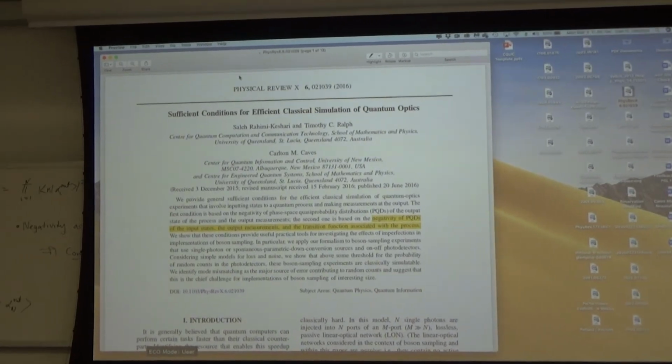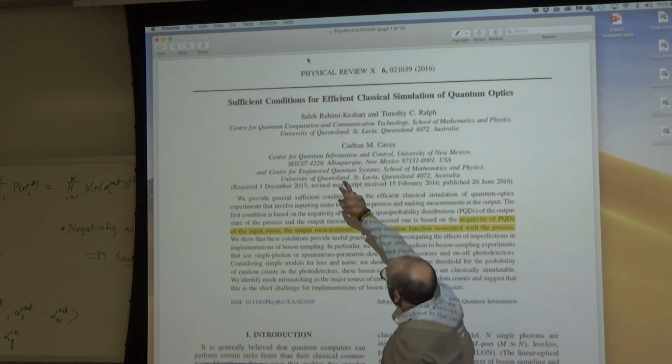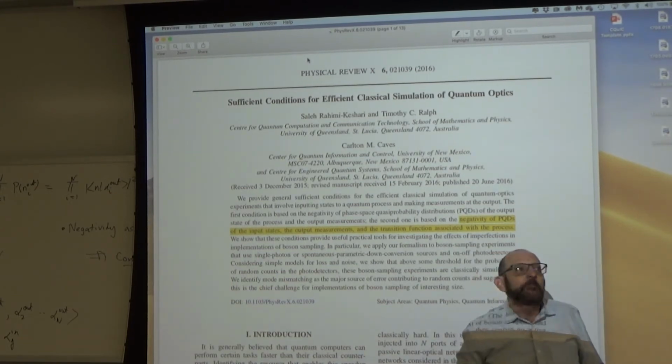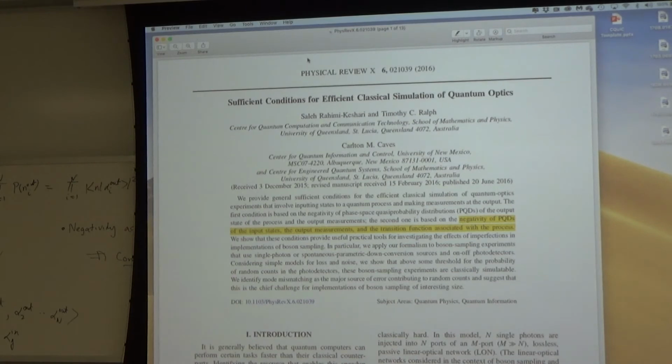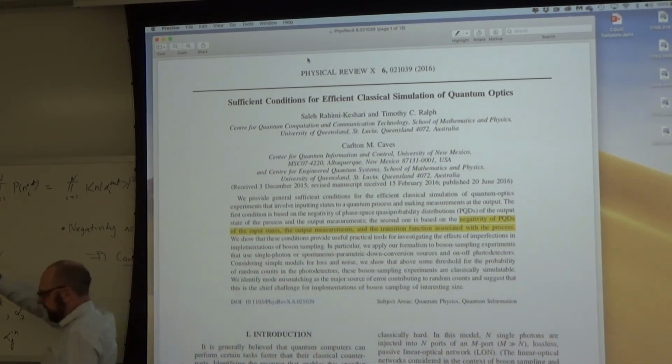All right, here is a paper from none other than Professor Emeritus Caves, from a few years back, when he was working with some students and others in Australia, Saleh Shari, and they were looking at this question of boson sampling. What I just described to you in the context of boson sampling is the idea of a noiseless system.